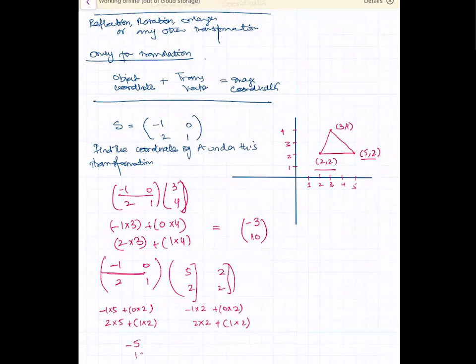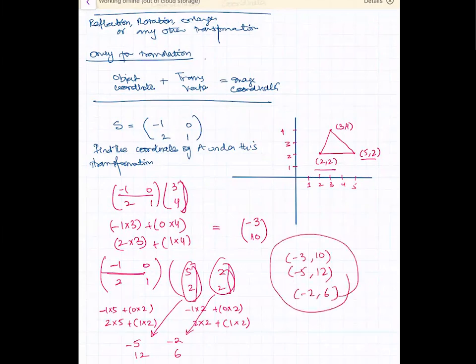Minus 5, 10 plus 2, 12. Minus 2, and 2 times 2, 4. 4 plus 2 is 6. So for this coordinate, the image is this, and for this coordinate, the image is this. So it's minus 3 comma 10, minus 5 comma 12, minus 2 comma 6. So these are the coordinates of A under this transformation. This is the image coordinates. They can also ask you to plot them on the graph.